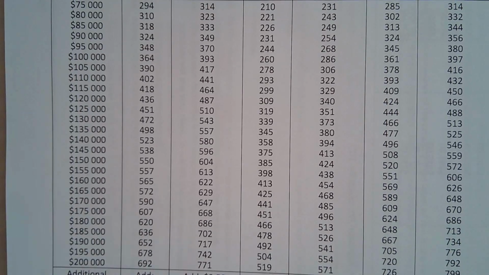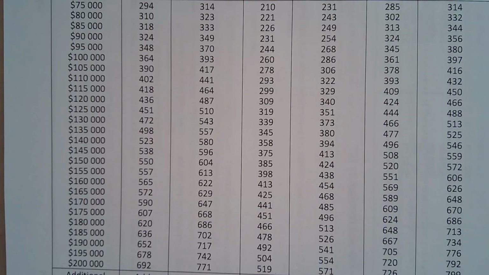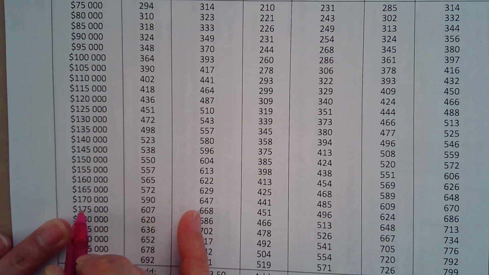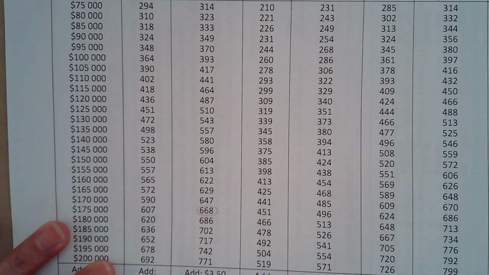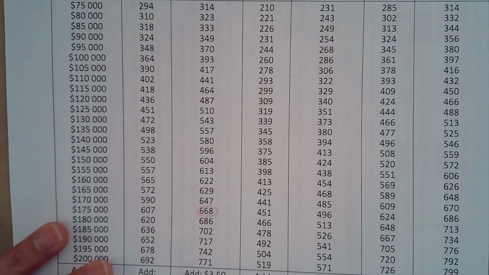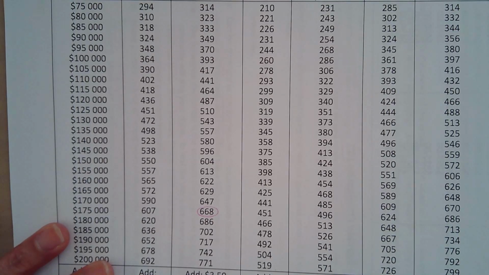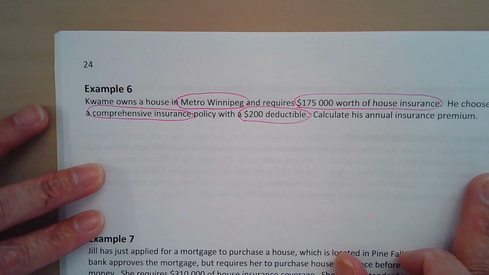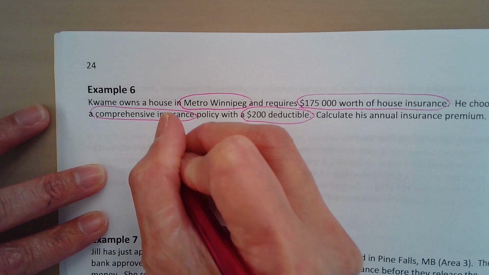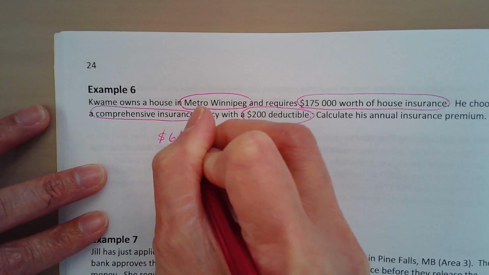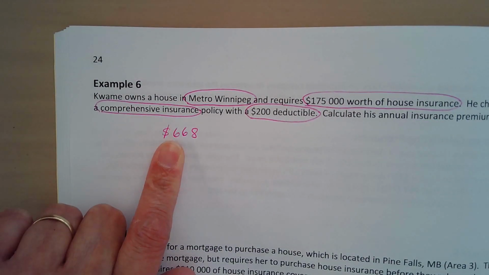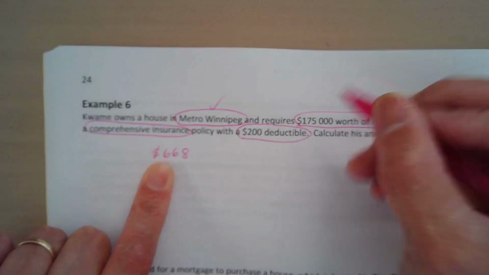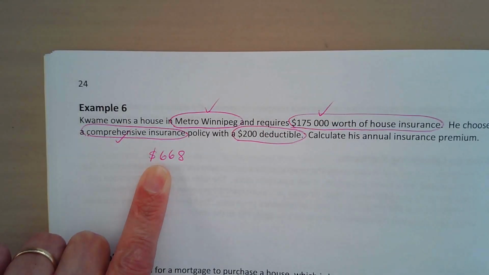Metro Winnipeg comprehensive. What is that value? That's this one, $668. Is everybody okay with that one? That one's pretty easy, right? You just work out the table and find that number. So insurance is $668. This is for Metro Winnipeg, 175,000 comprehensive.